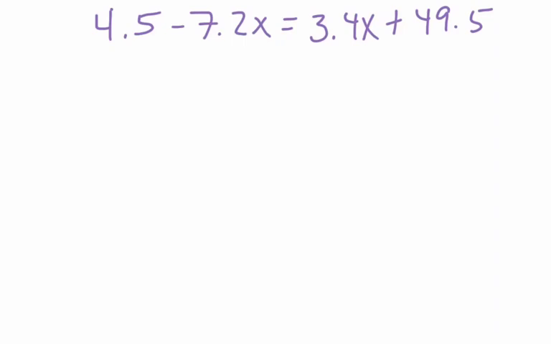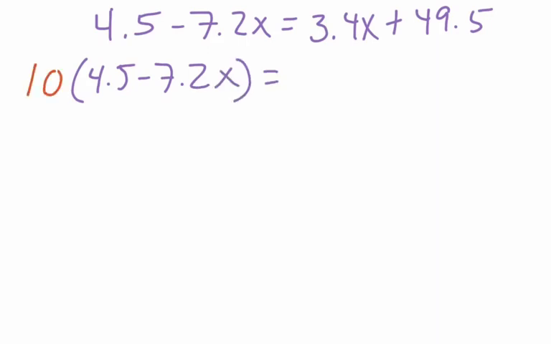The golden rule of math is whatever you do to one side, do to the other side. So I'm going to take this whole left side, the whole thing, and multiply it by 10, which means I have to be consistent and multiply the whole right side by 10.